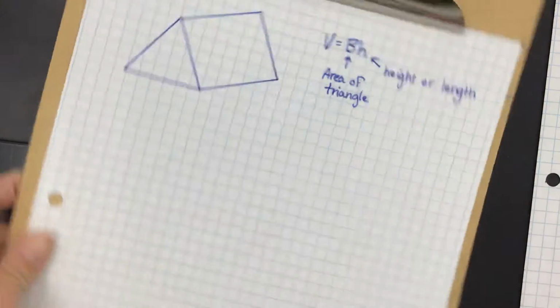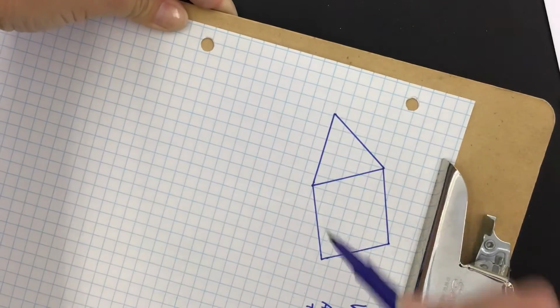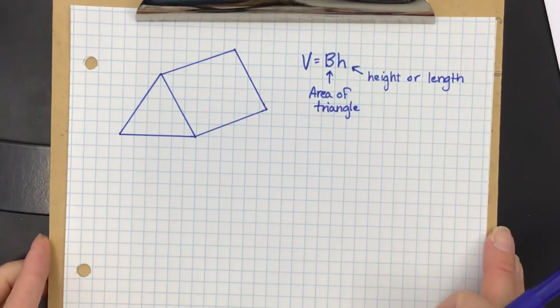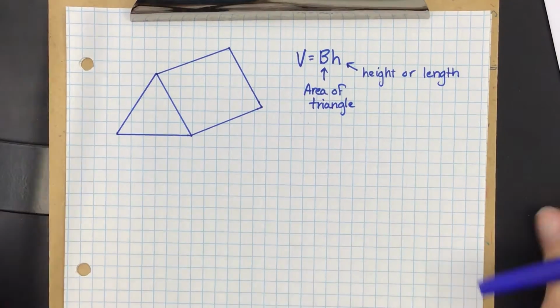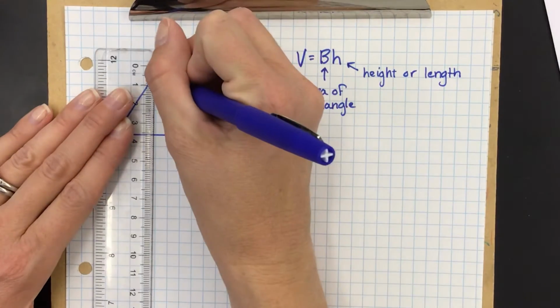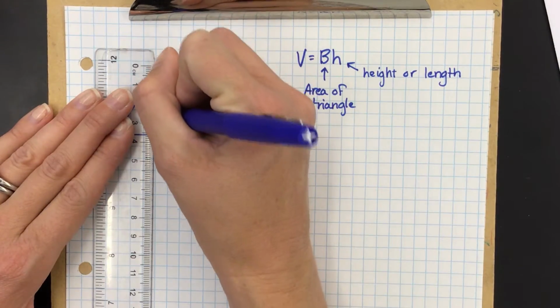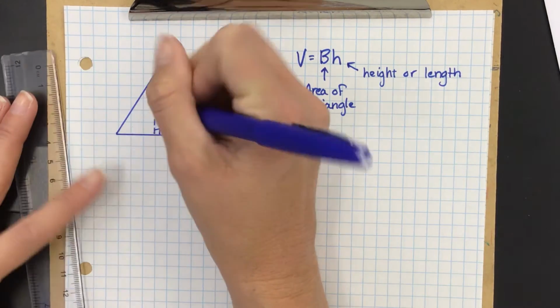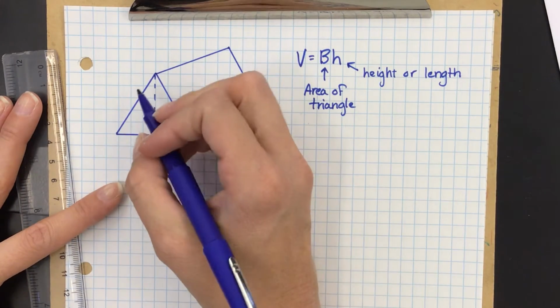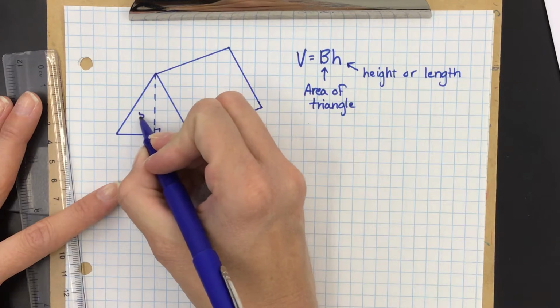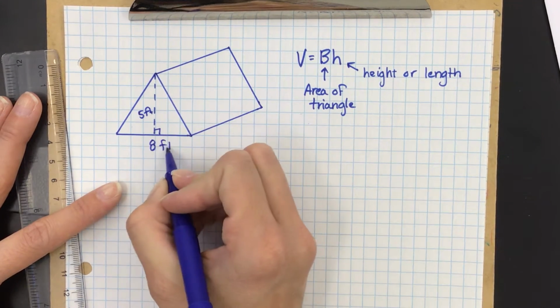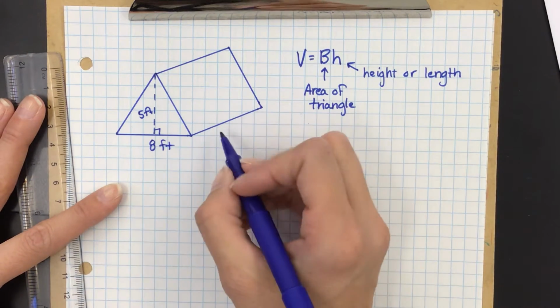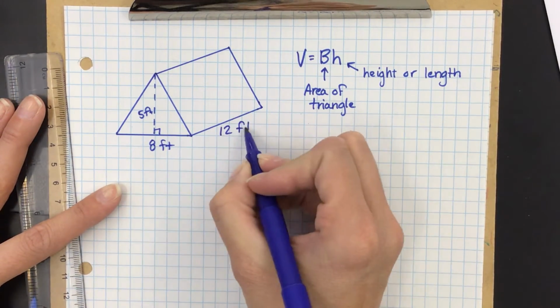Because if you turn it and have it like that, then it's the height of the prism. But when you have it laying on its side like that, it's the length of the prism. Okay? So let's go ahead and put some dimensions on here. So we'll say that this is 5 feet. This is 8 feet. And then the length of my prism here is 12 feet.